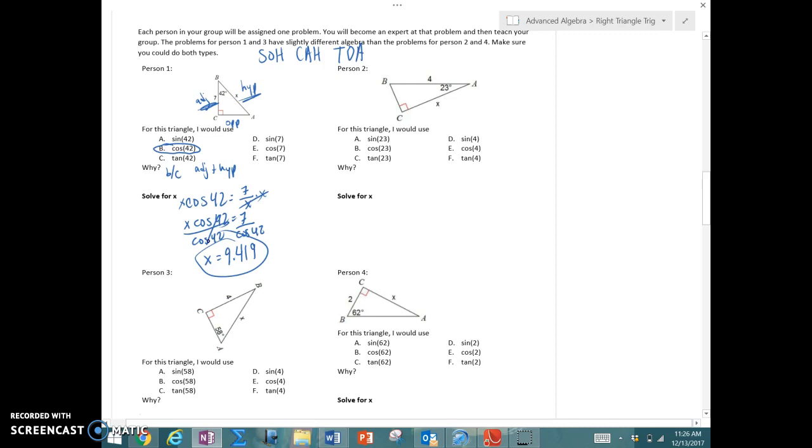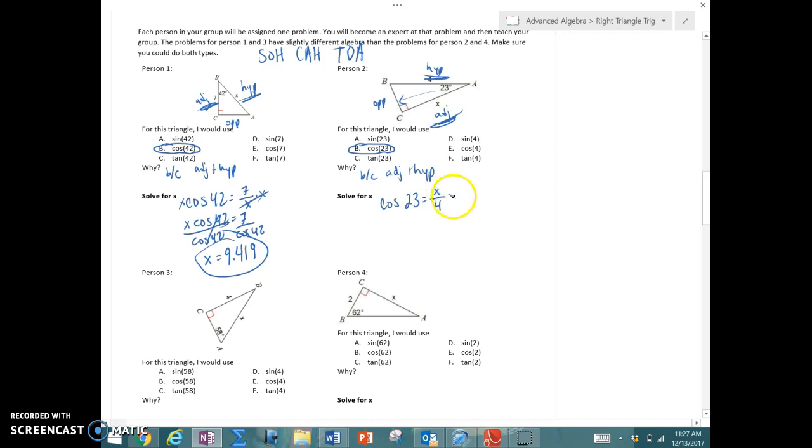In the second one, you should have labeled the 4 as the hypotenuse, this side as opposite, and this side as adjacent, which means I need adjacent and hypotenuse, which again is cosine. So it's cosine of 23 degrees. It's always of the angle, not of the side measure like DEF. When I set this up, I do cosine of 23 equals adjacent, which is x, over hypotenuse, which is 4.